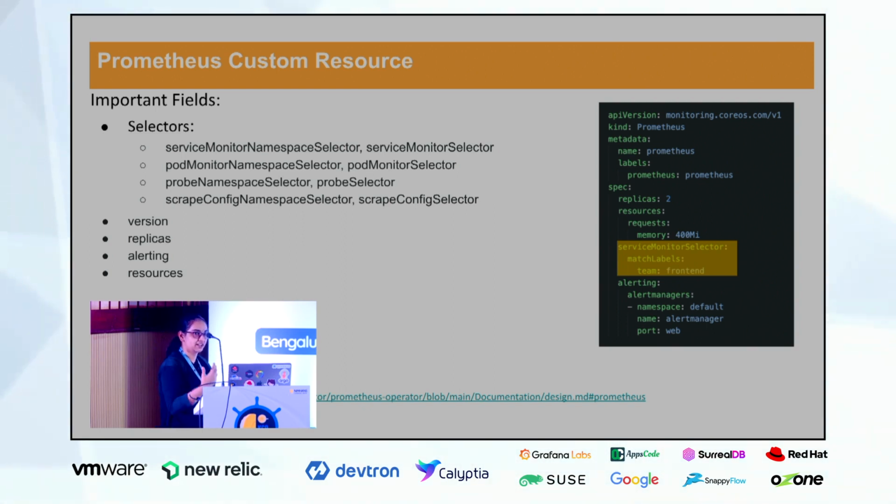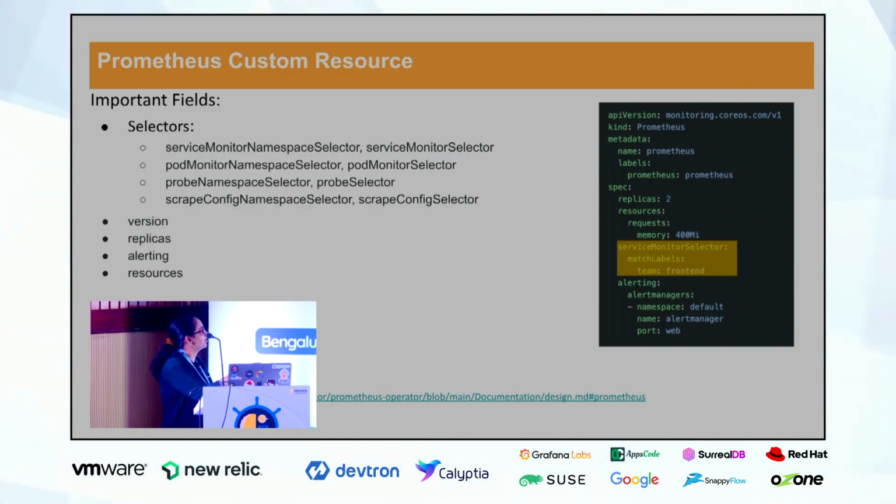These are the selector fields where you can mention which ServiceMonitors should be selected while running the Prometheus. There are a lot of other fields which you can find in the documentation, or when you run kubectl explain prometheus.spec. These are the main ones.